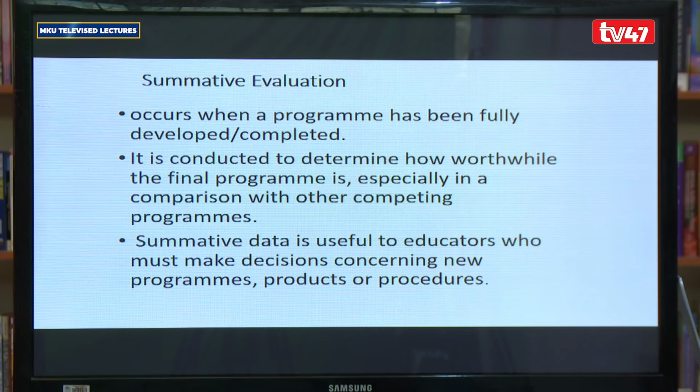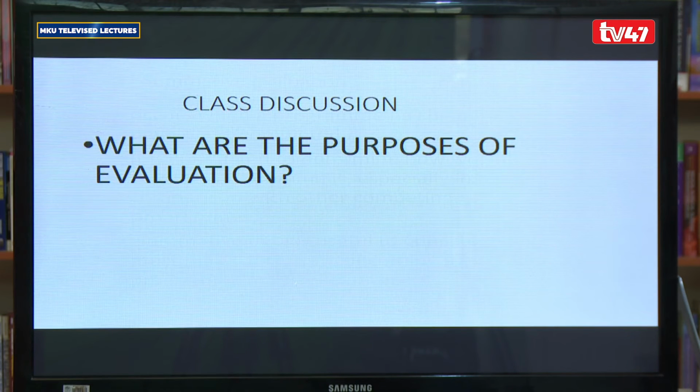Summative evaluation, on the other hand, is done at the end of the program. It is conducted to determine how worthwhile the final program is, especially in comparison with the other competing programs. Summative data is usually useful to educators who must make decisions concerning new programs, new products, or new procedures.